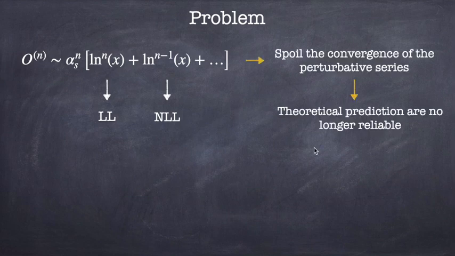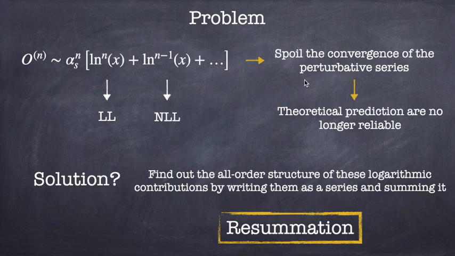This is a severe problem because the presence of these terms spoils the convergence of the perturbative series, and so the theoretical predictions are no longer reliable. The solution of this problem is that we have to find out the all-order structure of these logarithmic terms and then write them as a series expansion and sum it. And this process is called resummation.